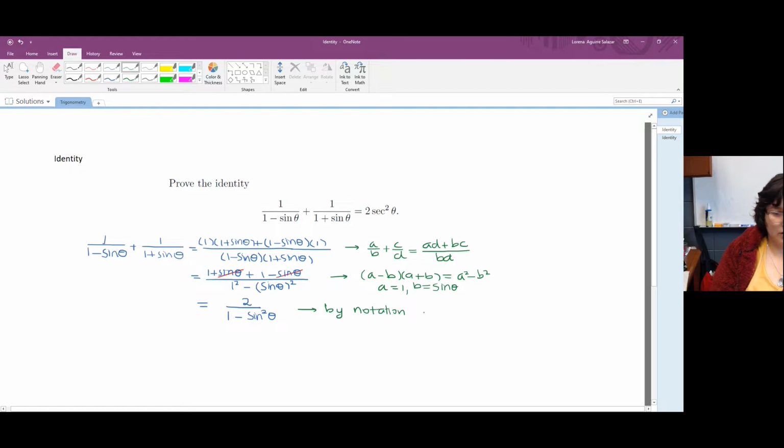By notation, when we write something like sine of theta, all that squared, we mean sine squared of theta, or the other way around. When we write sine squared of theta, we mean find sine of theta and then square it.